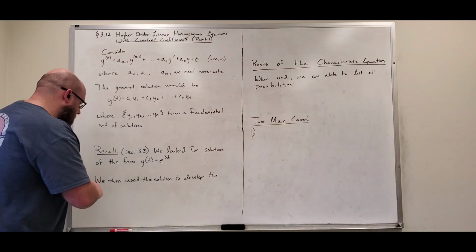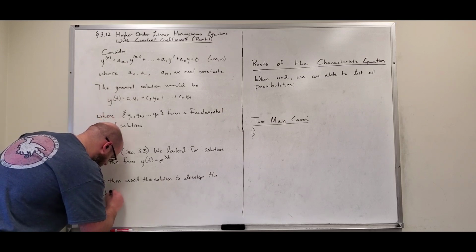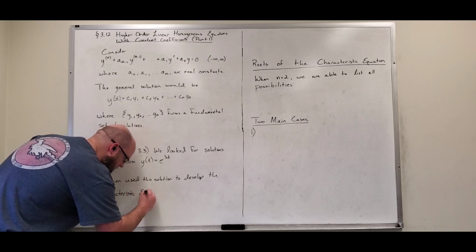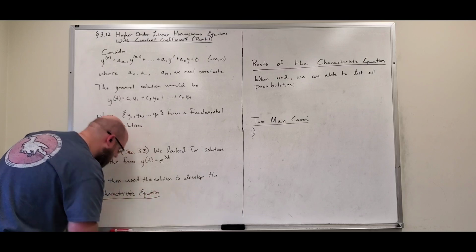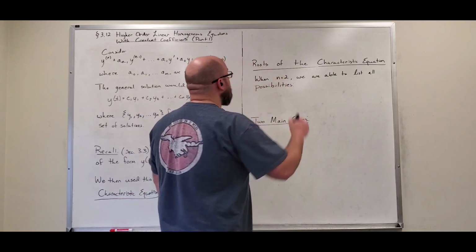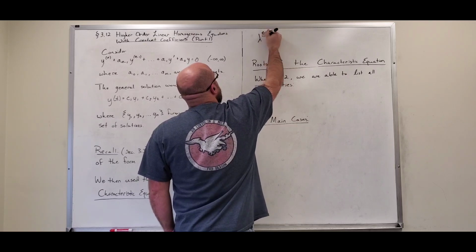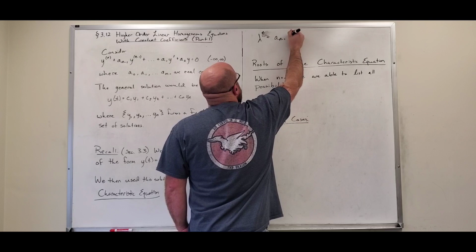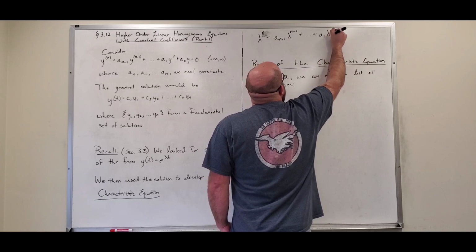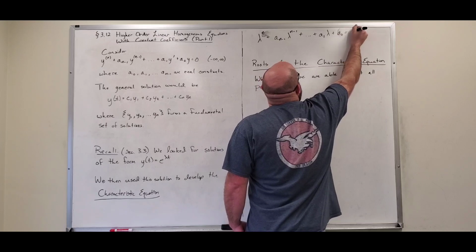So in our case, when we then use the solution to develop the characteristic equation, okay, and that characteristic equation I'm going to put over here is of the form lambda to the nth power plus a sub n minus 1 lambda to the n minus 1 power plus so on plus a1 lambda plus a sub 0 is equal to 0.